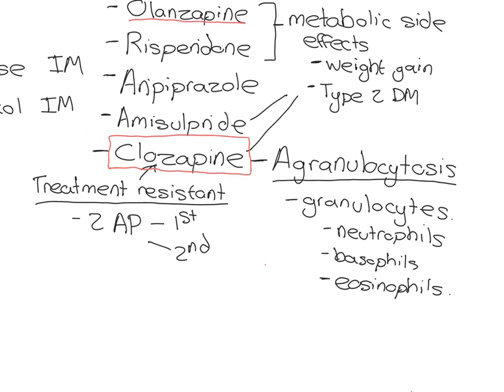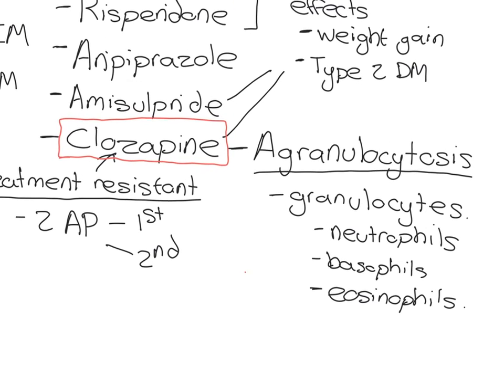Unfortunately, it has horrendous side effects and therefore is only used in treatment-resistant schizophrenia, where 2 antipsychotics or more have failed to actually treat the psychotic symptoms, and the major side effect that you have to be aware of there is that it can cause agranulocytosis, where the granulocyte level in the blood can fall to very low levels, and that can lead to opportunistic infections, which can then lead to death.